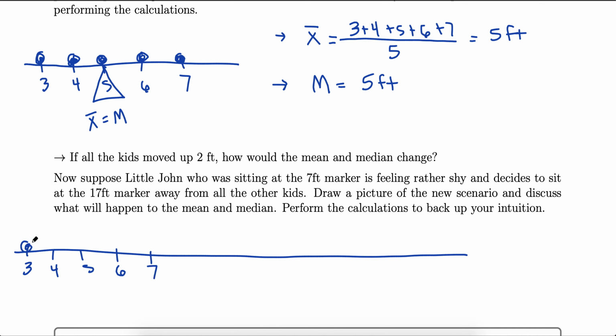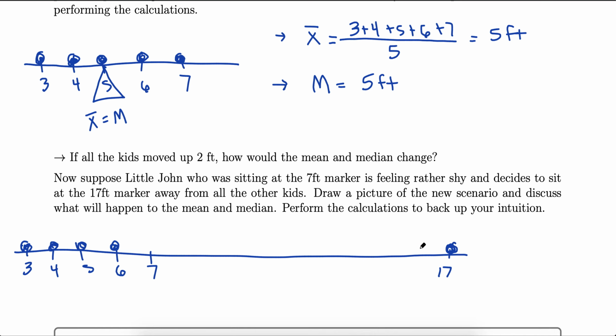I've got these kids at 3, 4, 5, 6. This one at 7. Instead of sitting at 7 feet, I'm going to move his dot way down here to 17 feet. So he's moved down to the end of this seesaw that also magically can grow depending on how many kids are there and where they want to sit. So they all weigh the same. This guy just moved down to the end.